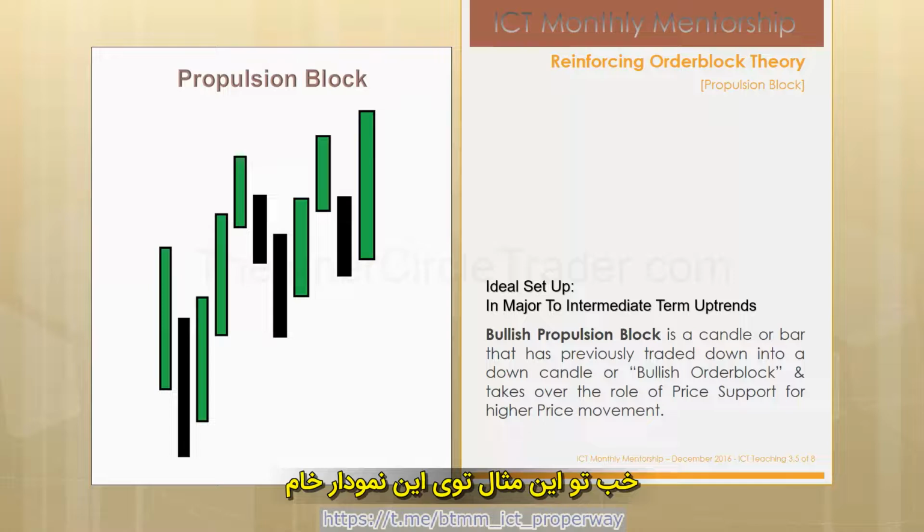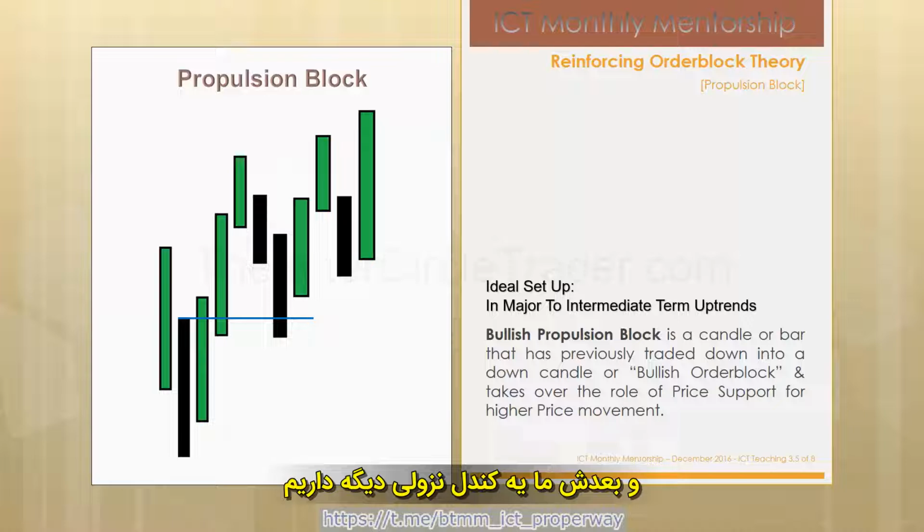In this example here, in this crude diagram, we have a down candle, which shows price willingness to move higher. And then we have a new down close candle that trades right back into it, seen here. That candle becomes a propulsion candle. What makes it propulsion is that it's already dropped back down into an order block that's already predisposed to go higher.